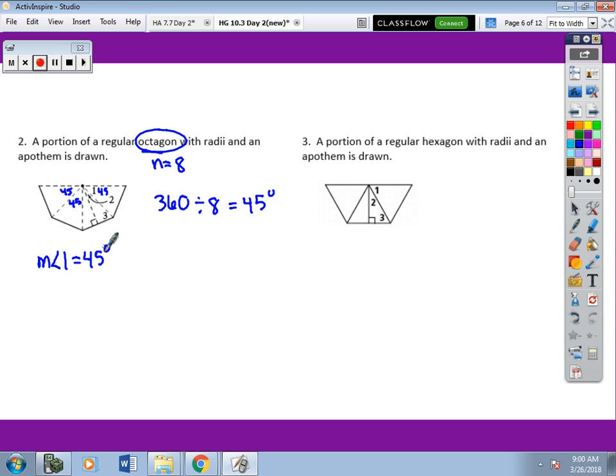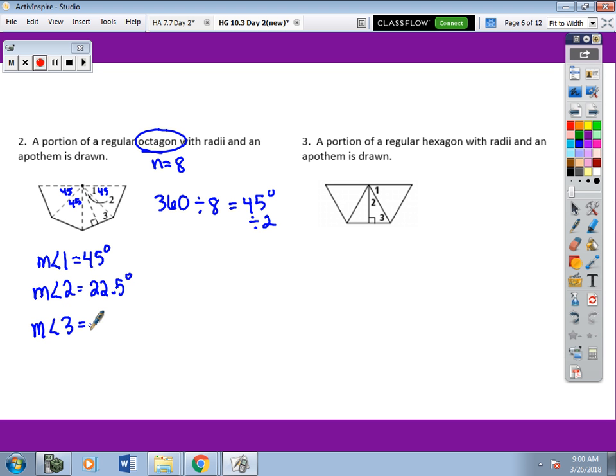To find out what the measure of angle 2 is, we just have to divide that in half. We should get 22.5. What would the measure of angle 3 have to be? Using triangle sum. I have a question. Yes.